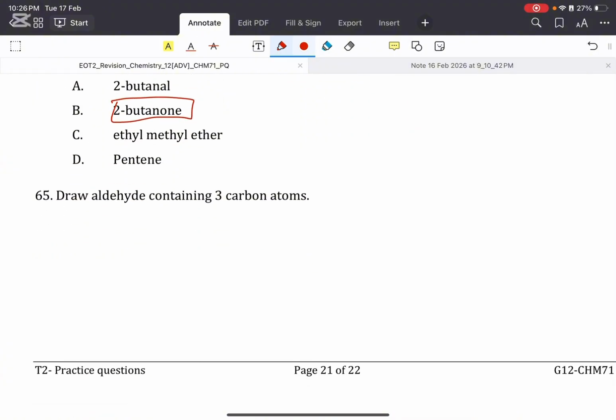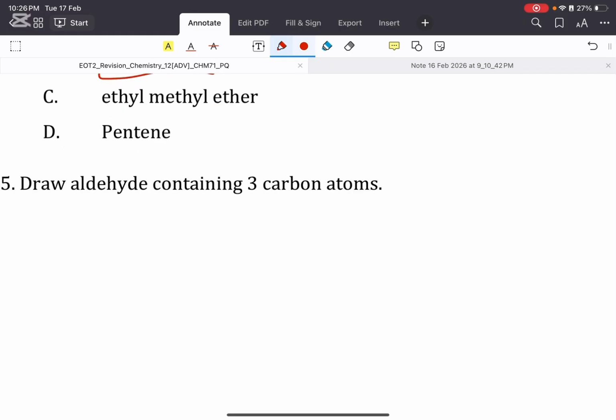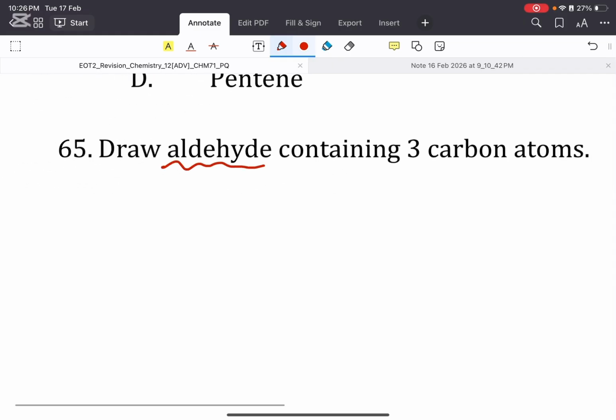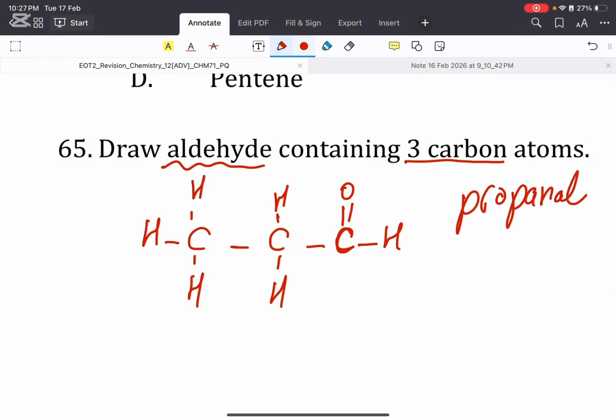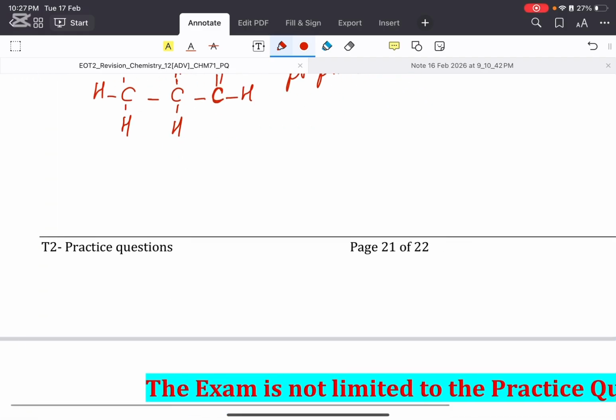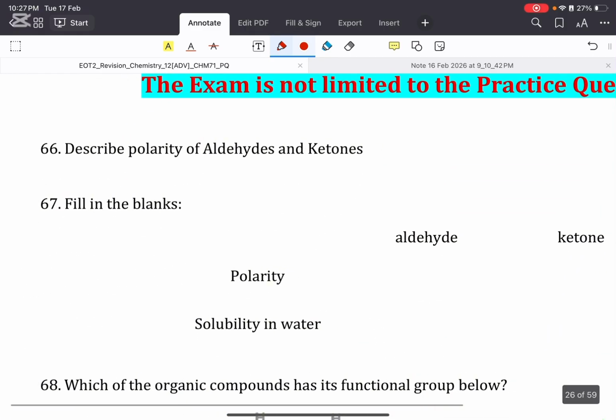Draw aldehyde containing 3 carbon atoms. As I said, in an aldehyde, the carbonyl must be at the end. So if I only have 3 carbons, that's the first, that's the second, and that is the third. So that is a propanal. Next, describe the polarity of aldehyde and ketone.